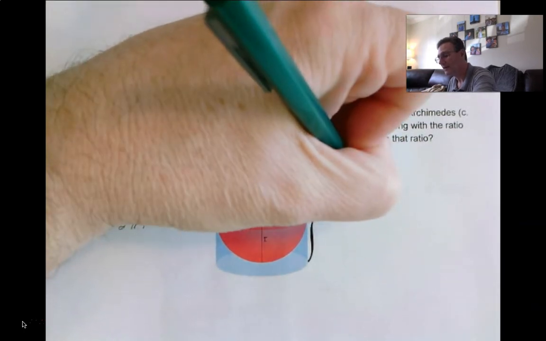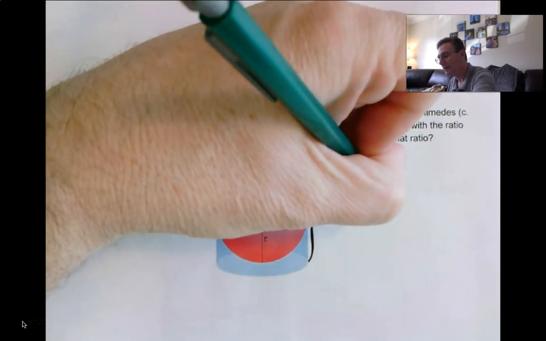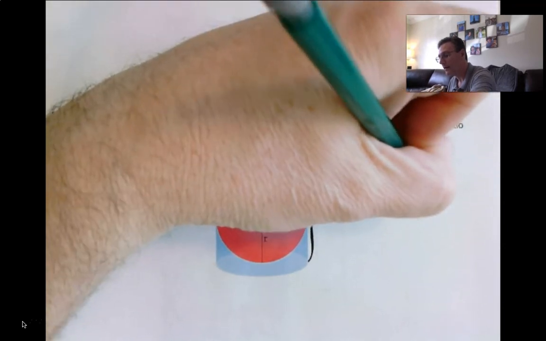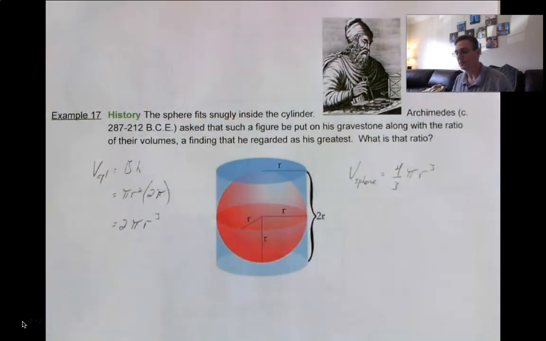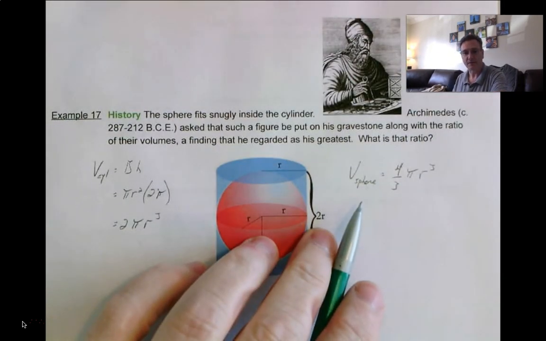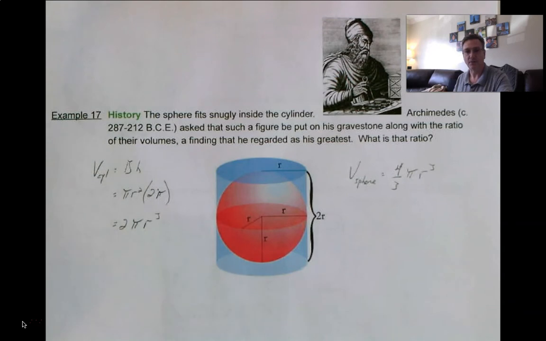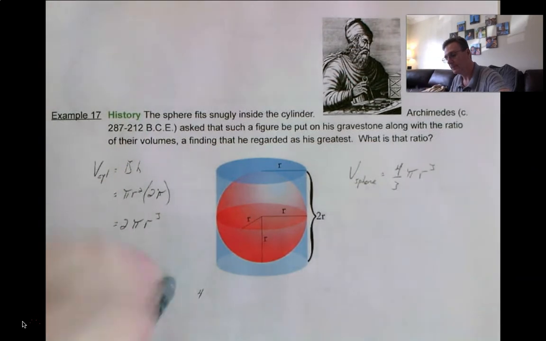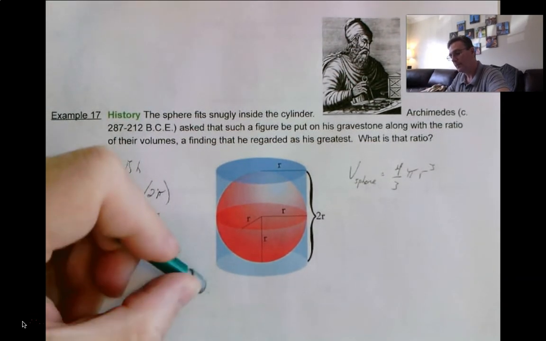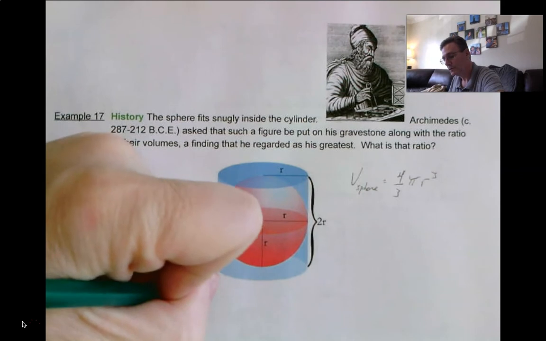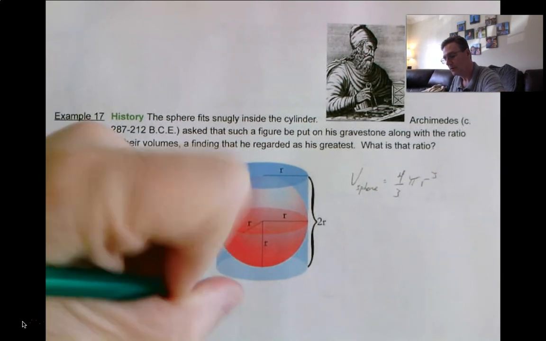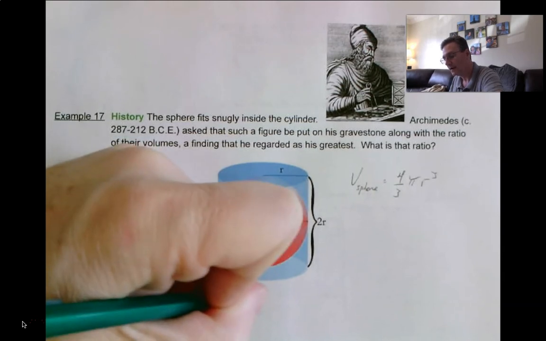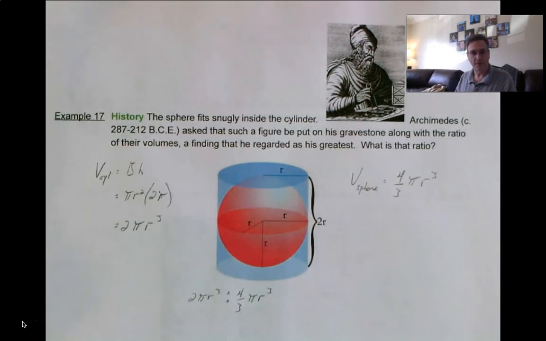Volume of the sphere is equal to 4/3 pi r cubed. We want to compare these to each other. What's the ratio of one to the other? So 2 pi r cubed compared to 4/3 pi r cubed.